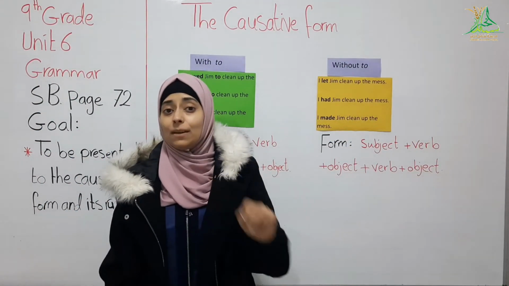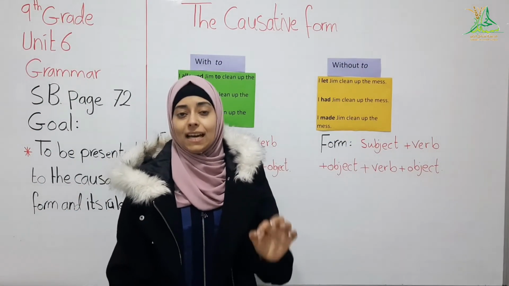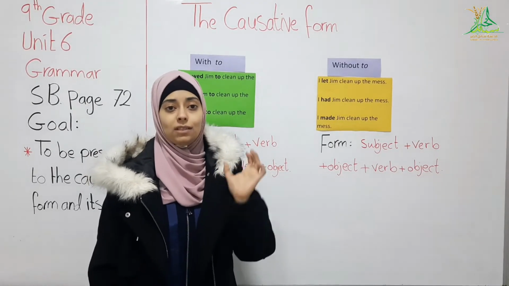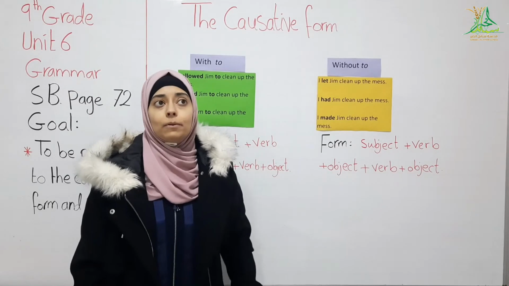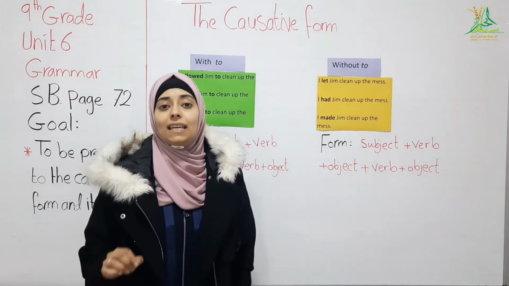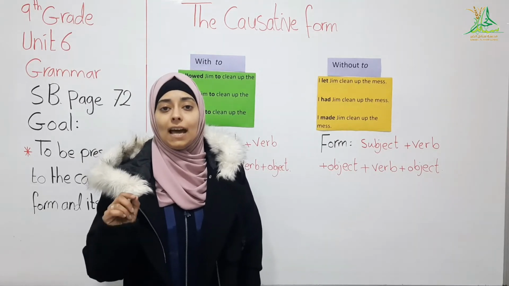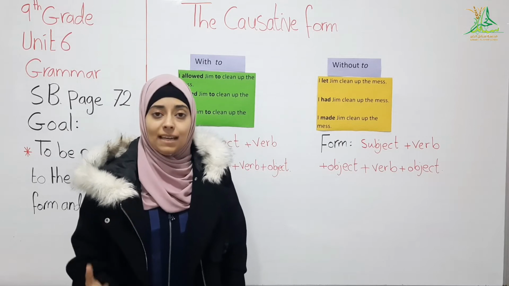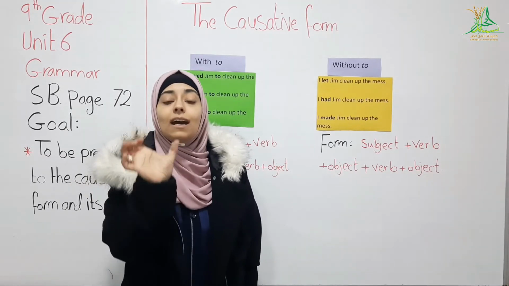One more thing to say about the causative form is that there are specific verbs that are used in the causative form. For example, when we said about Joan that he got his house cleaned or he got his house painted, we use the verb got.